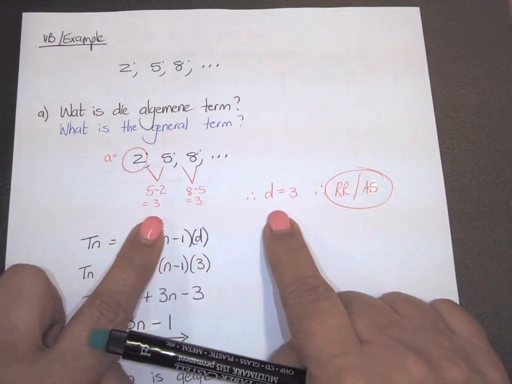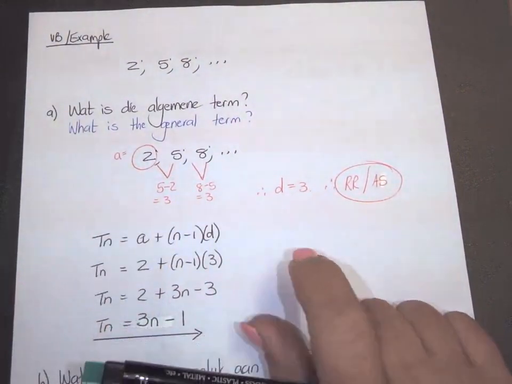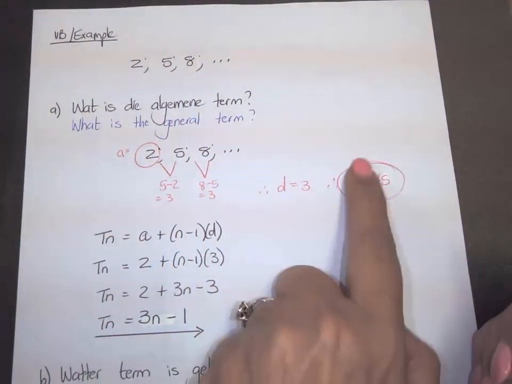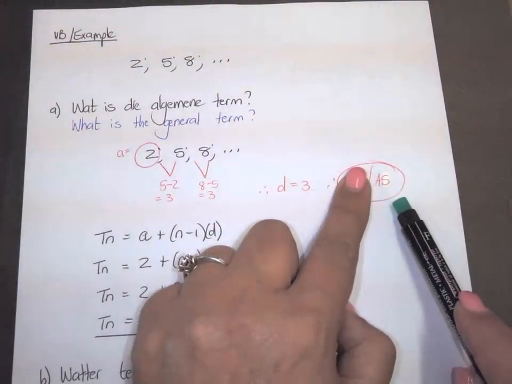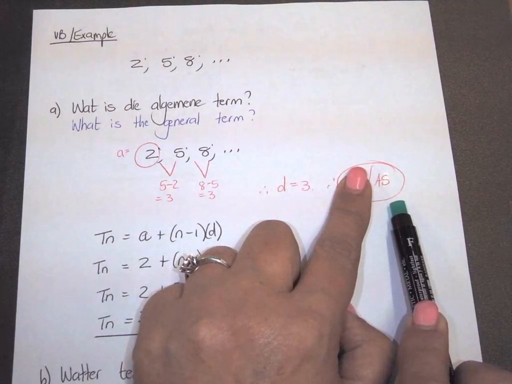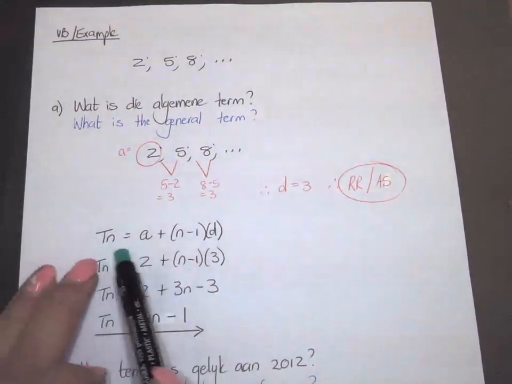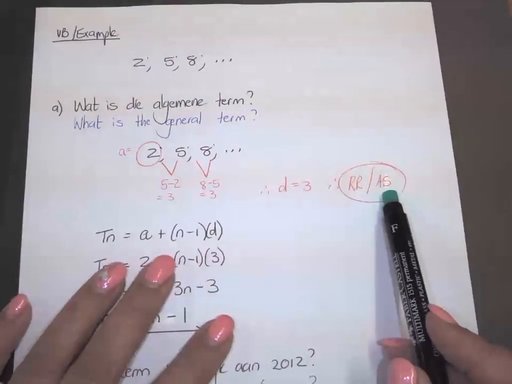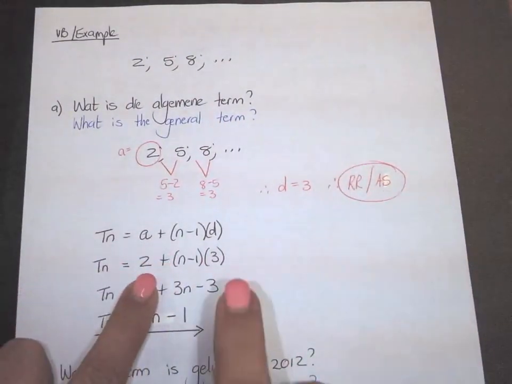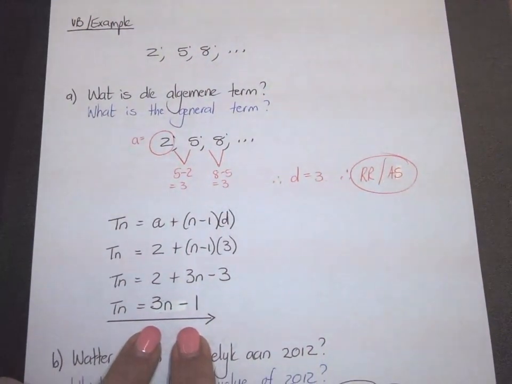And another tip, always write the type of sequence that you have in a circle. We are working with an arithmetic sequence, so that you know which formulas to use. We start with the general formula for the arithmetic sequence. Substitute A, substitute D, and then you get your general term.